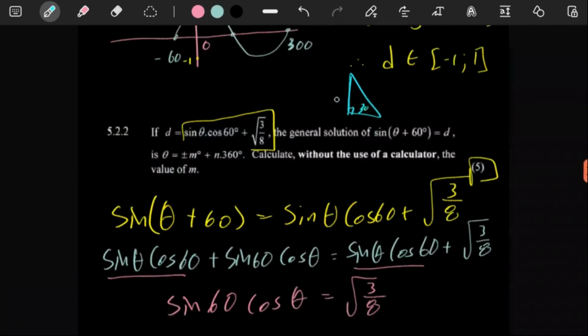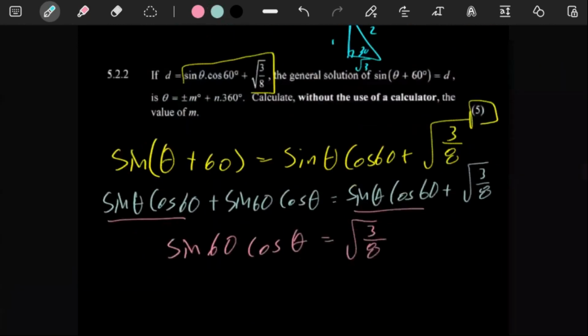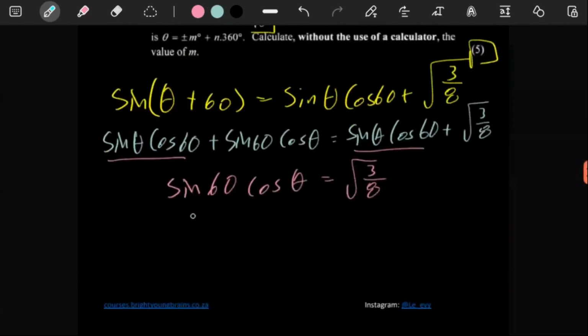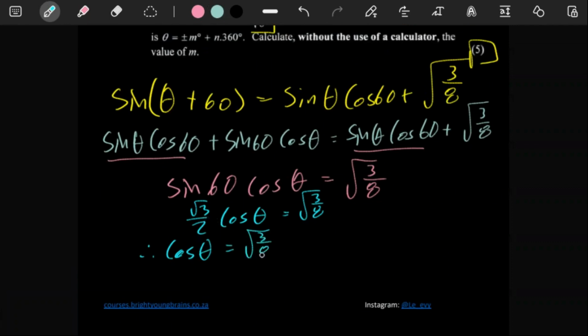The sine 60, we know it is equal to opposite over hypotenuse. So it's square root of 3 over 2 cos theta equal to square root of 3 over 8. So therefore cos theta is going to be equal to this divided by that.